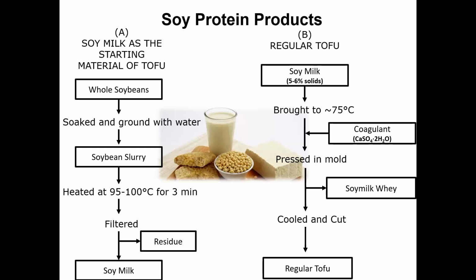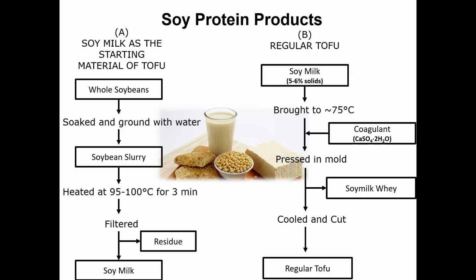Okay. So the main products are soy milk and tofu. Soy milk is basically you get the whole soybeans, soak, grind, and make that slurry. You heat. Why do we heat? Other than pasteurization, this specific temperature, 95 degrees for 3 minutes.